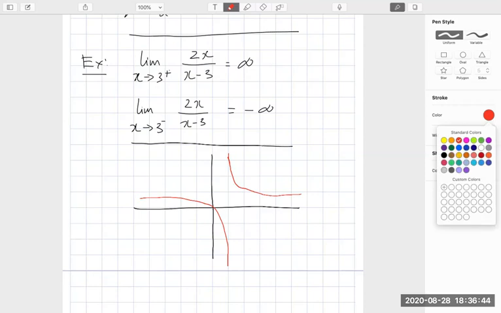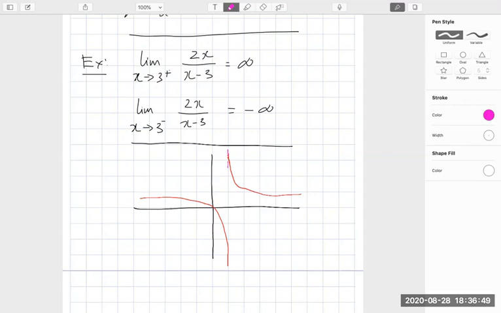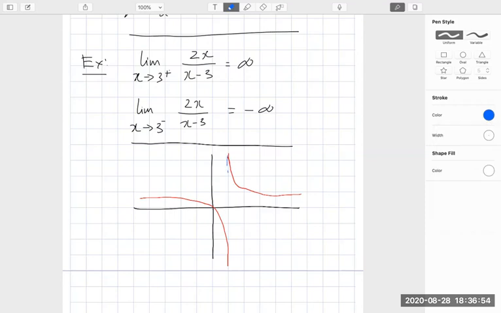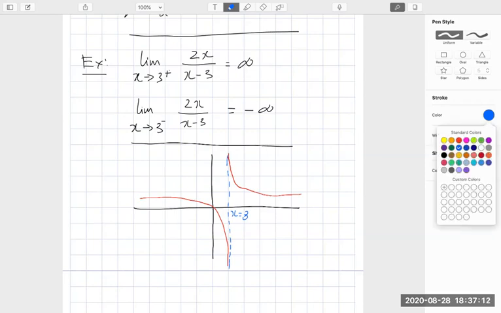This line does not cut the graph. This is x at 3. So we see that when x goes from the left hand side of 3, it will be going to negative infinity, right?